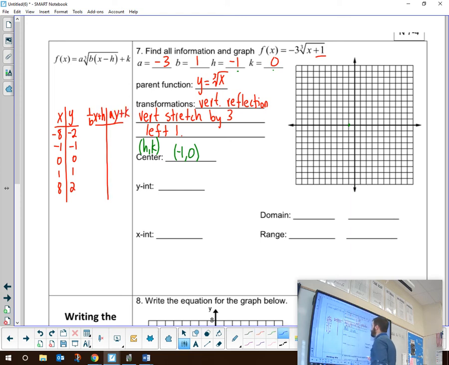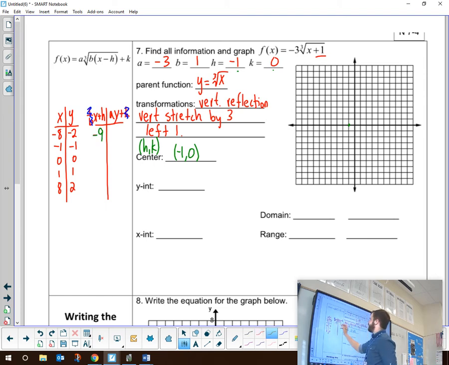Now, there is no b and there is no k, so we're just going to go all of my x values plus my h and my a times my y. So start here with negative 8. Negative 8 plus my h, which is negative 1, is negative 9.